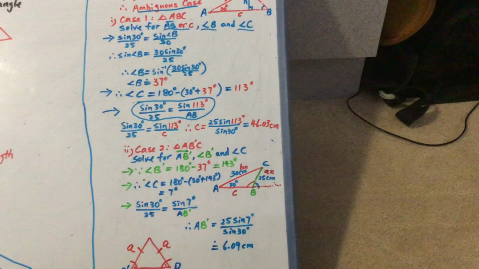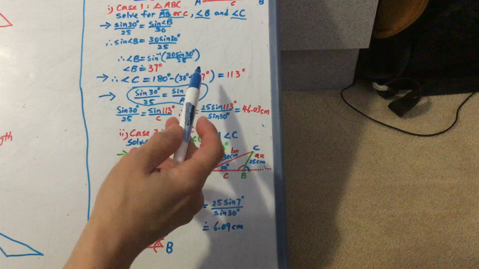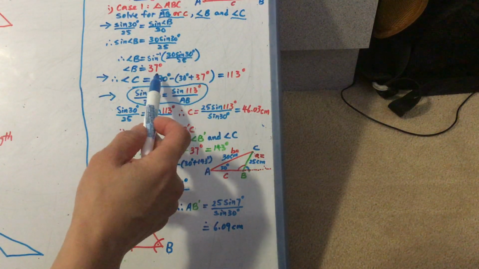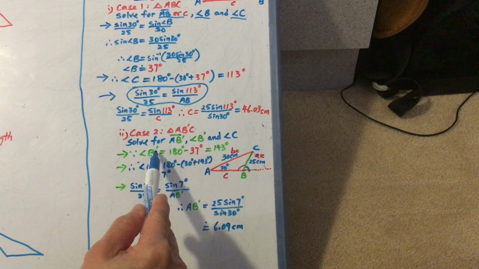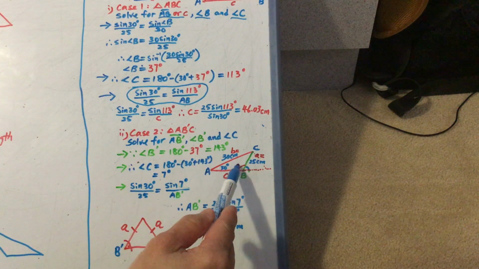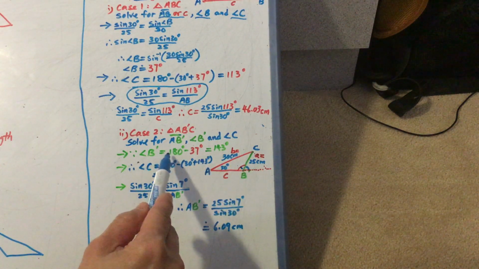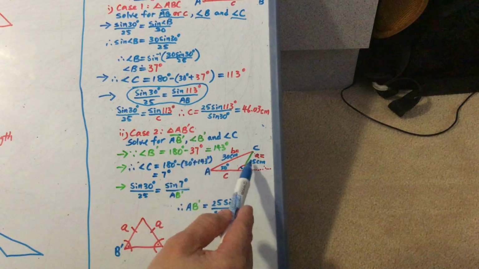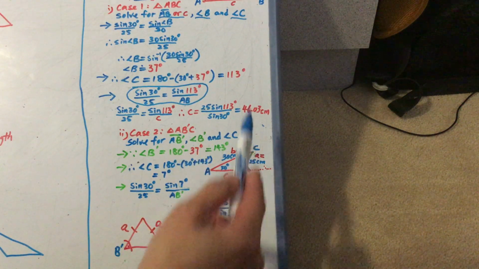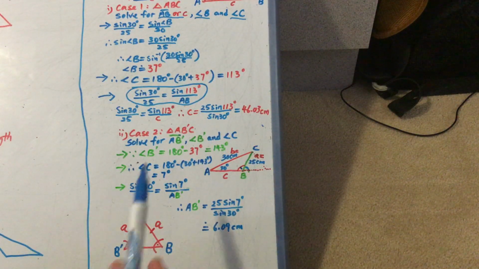So what's happening is that angle B from my previous case is 37. So my angle B prime, the inside one, this one here, must be equal to 180 minus the 37, because the 37 is the angle from the previous case.